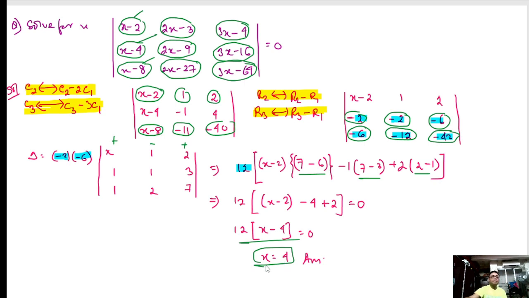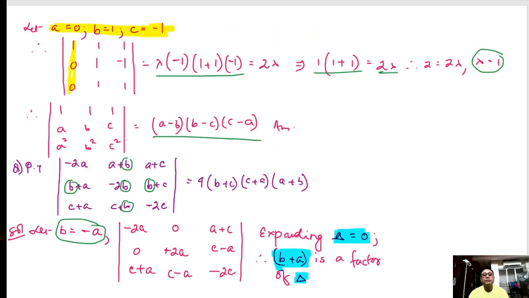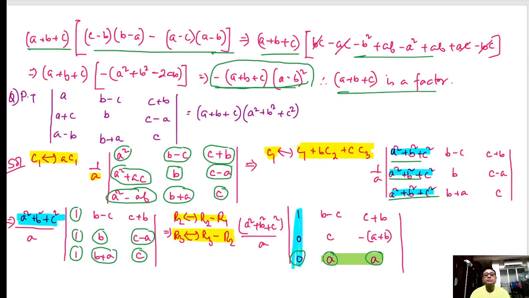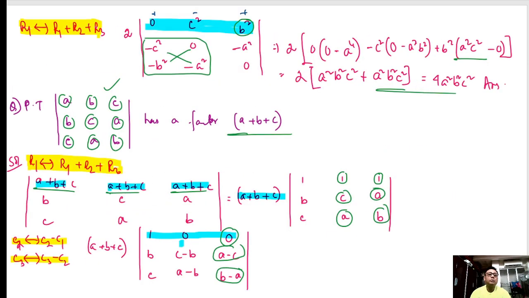So friends, we have completed the full determinant part today, and my suggestion is that please go through the understanding of the operations very carefully, because you have to understand one thing, that these operations which I am highlighting, you cannot memorize.